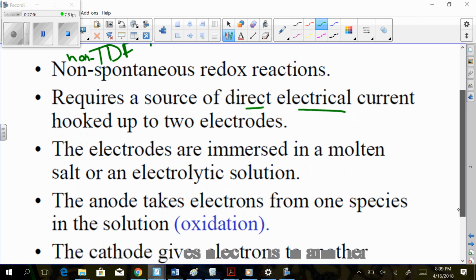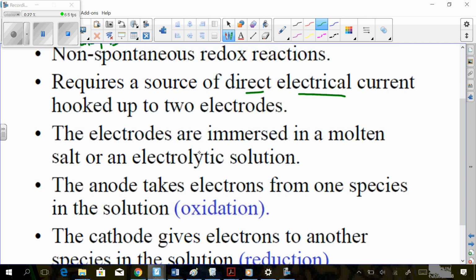Now, another difference is the electrodes are put in the same bucket. They're put in one container, and they have to be immersed in either molten salt, so you have a solid ionic compound that is heated up to where it's a liquid.